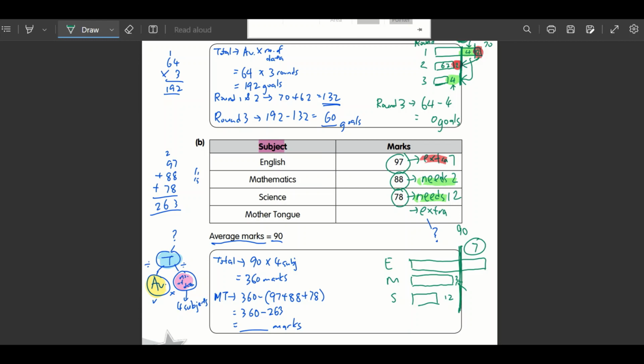So in other words, I have a need total of 14. Totally, it needs 14. So they are short.